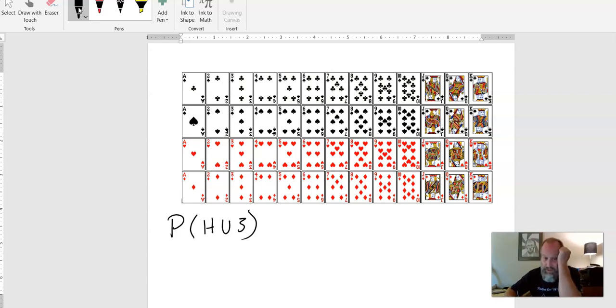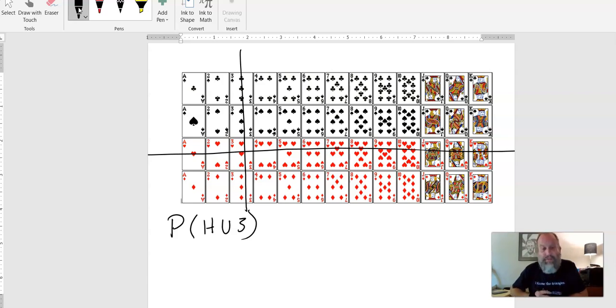This is a union. What it means is that you're going to be counting all the ways that you can get things that are either a heart or a three or both. So if I look at this, I can see that hearts are right here, three is right here, and you notice the three of hearts gets counted in both of these sets.